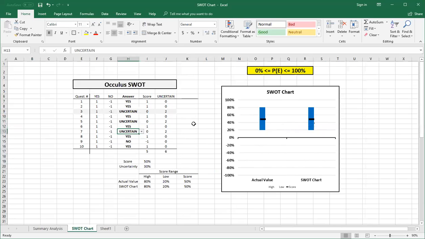There are quite a few questions in Oculus, and so you can see how all those uncertain answers affect your score in the bar. The more uncertains, the greater the high and low. So this represents how well you've qualified the opportunity in that particular category.